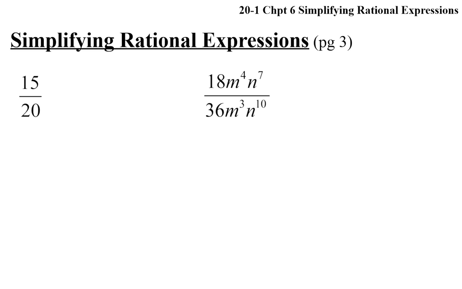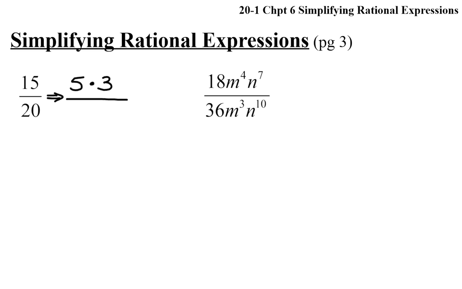I'm going to show the process behind it to review, and hopefully you will see a little bit and have maybe more understanding as to why the process works. Well, 15 and 20. If I took 15 and split it up into parts, I could write 15 as 5 times 3. I now have two factors, 5 and 3.